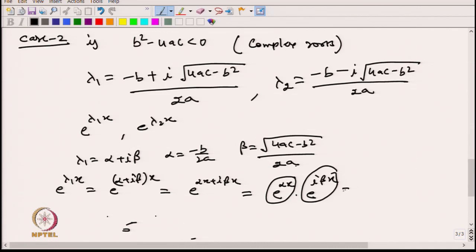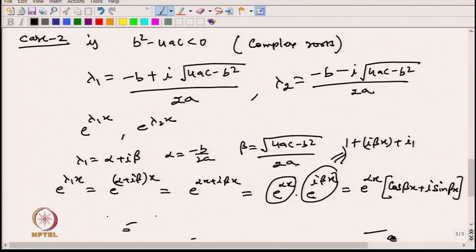We know this can be written as e raised to alpha x, and by Euler's formula for complex numbers, I can define this as cos beta x plus I sin beta x, because I can expand this exponential as 1 plus I beta x plus (I beta x) square by 2 factorial and so on, by the exponential series, and then we separate the terms.